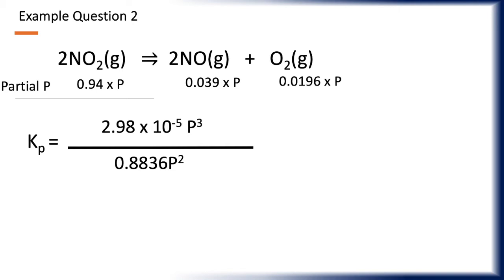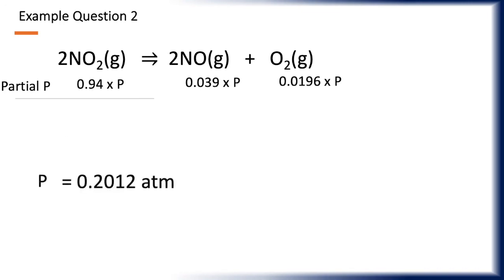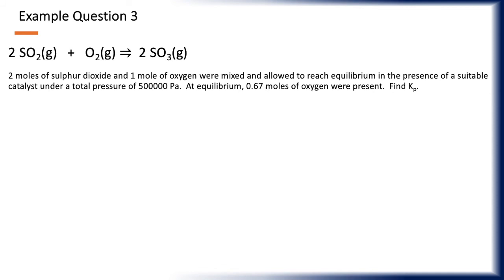And once we've done that, we can cancel our total pressures down, and we will end up with Kp being equal to 3.37 times 10 to the minus 5 times P. We know what Kp is, and therefore we can find P to be 0.2012 atmospheres.